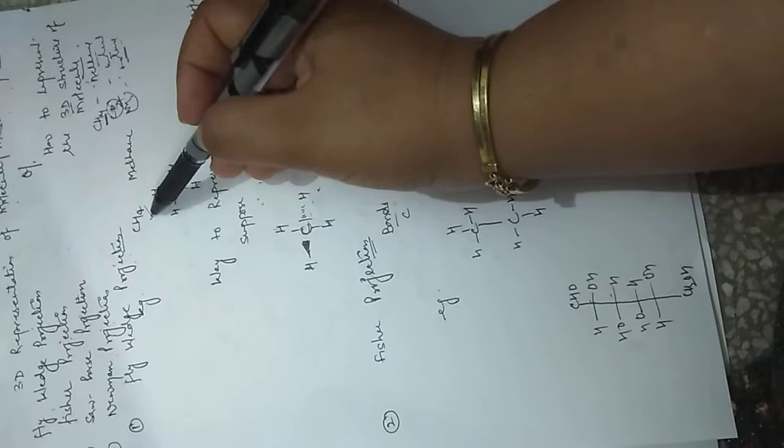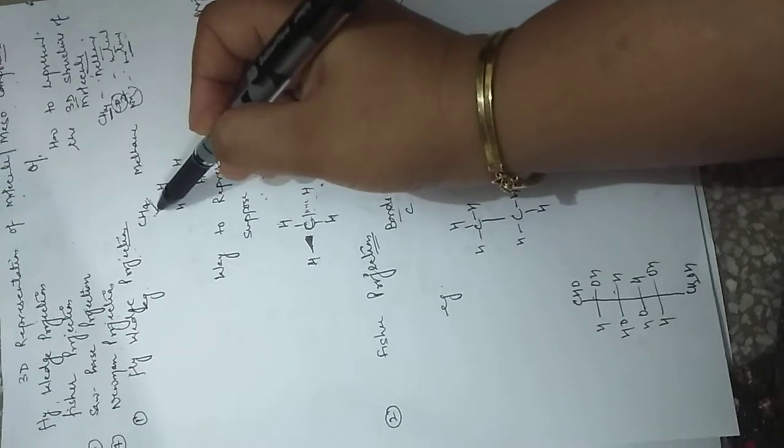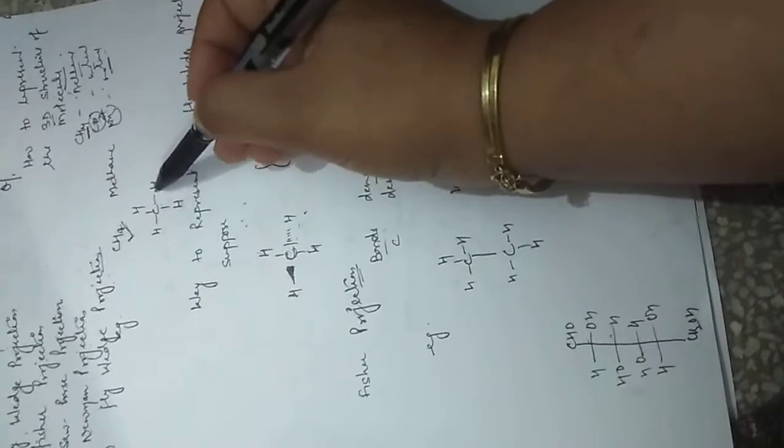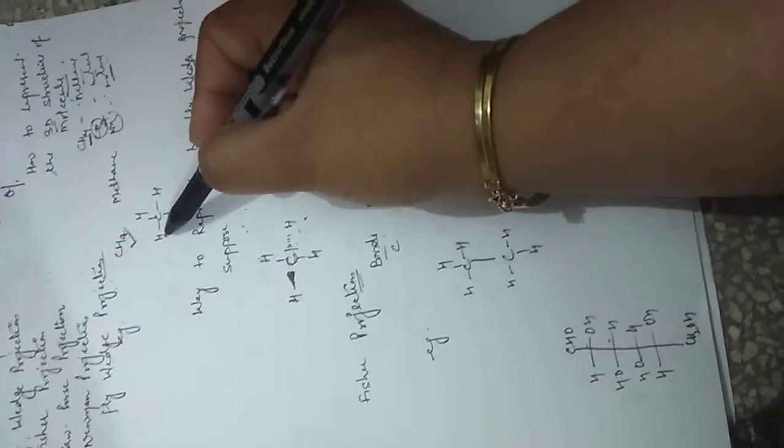For this projection we can take the example of methane. This one is methane: carbon, hydrogen, hydrogen, hydrogen, hydrogen. In the fly-wedge projection, we suppose this is the sign of the fly and this is the sign of the wedge.